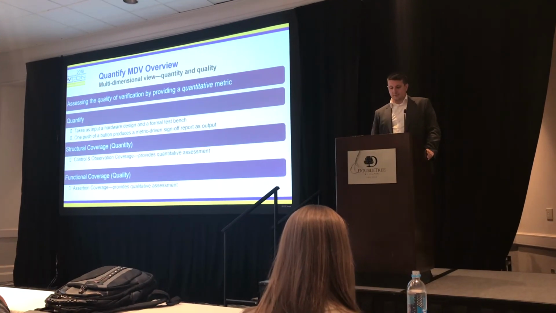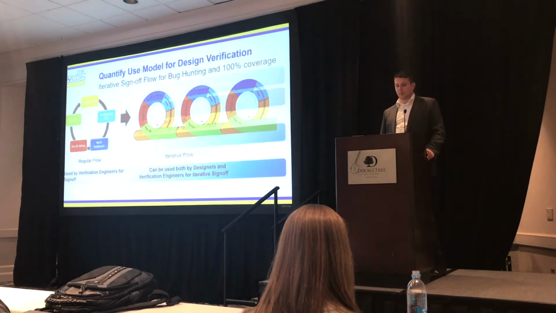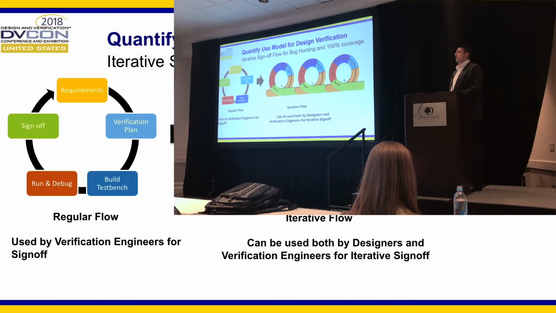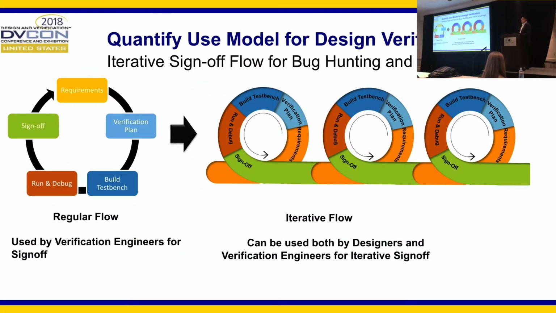We can dive into the other points a bit later, but the way we propose this is used is, if you remember the first slide where we talked about the usual flow, we believe that coverage should not be left until the end of your verification flow necessarily, but you can have an iterative flow where you have designers using this coverage solution as well to unearth bugs.